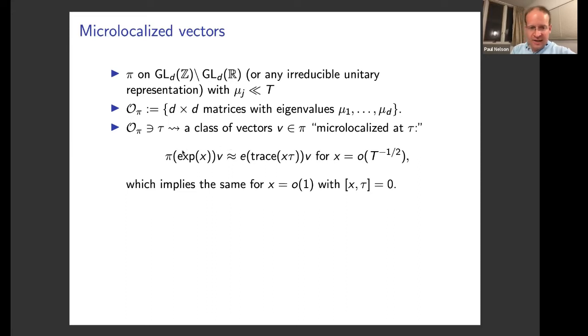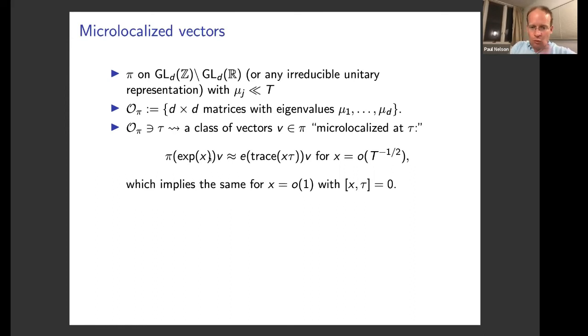So this is saying that the vector is at least approximately an eigenvector under the action of exponentials of Lie algebra elements, or equivalently group elements whose distance from the origin in the Lie algebra case, or the identity in the group case, is quite a bit smaller than t to the negative half. So we're really zooming in a fair bit on the identity or the origin. So we have some kind of approximate eigenvector relationship under such elements.